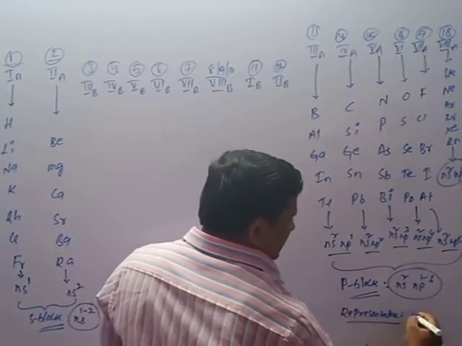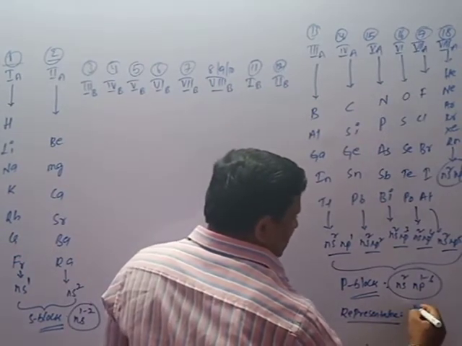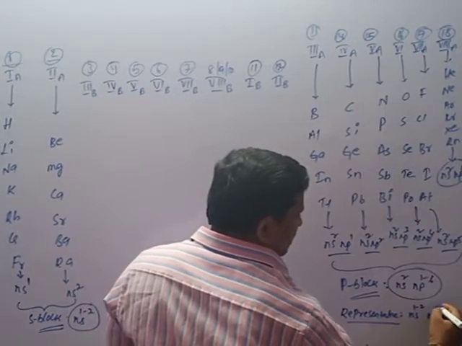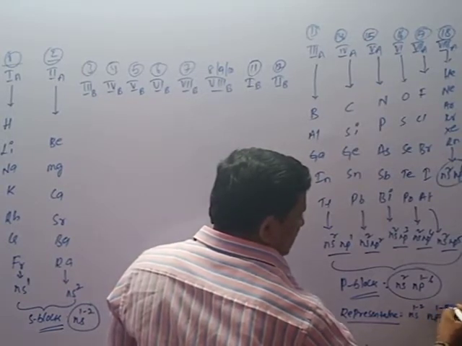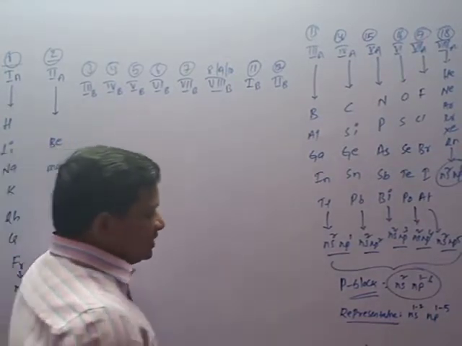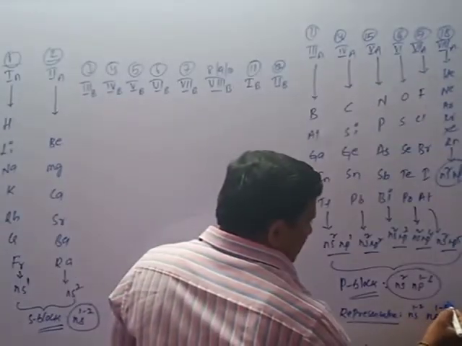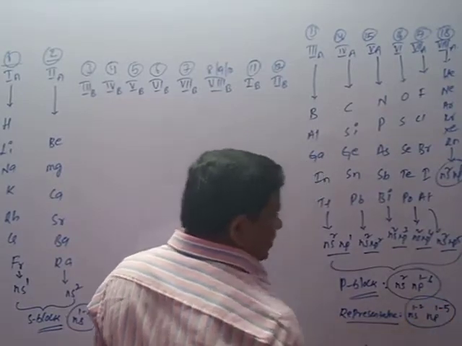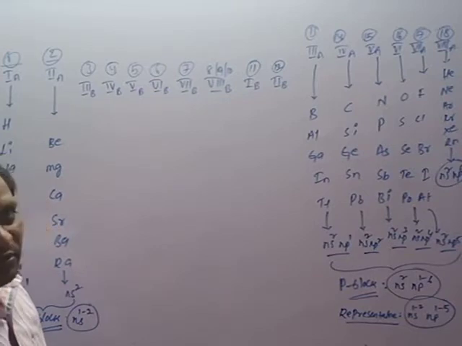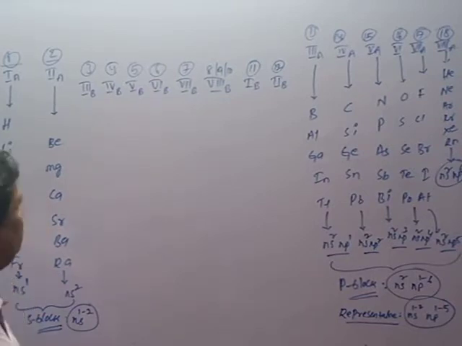The s block is ns1-2, the p block is np1 to 6, but except the zero group, the 18th group. So elements with ns1-2 and np1-5 configuration are representative elements.